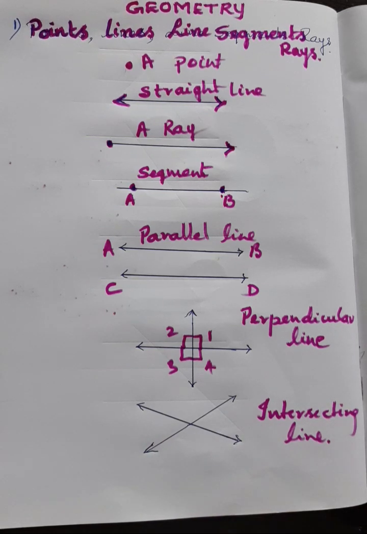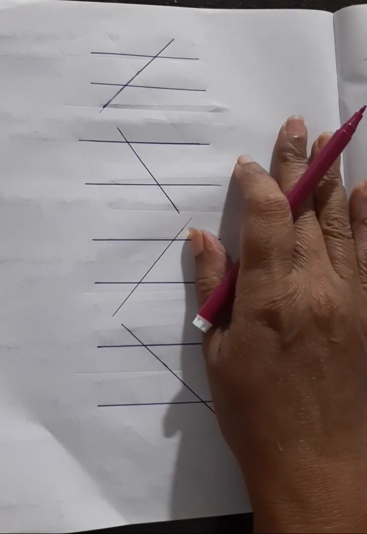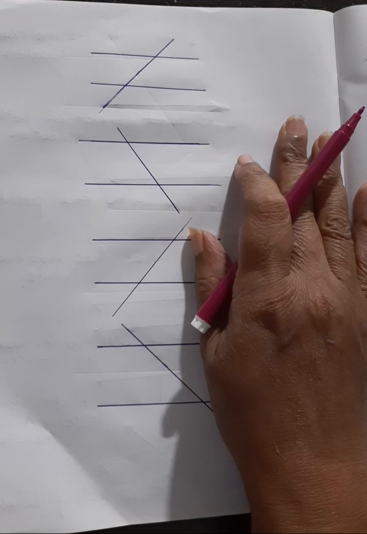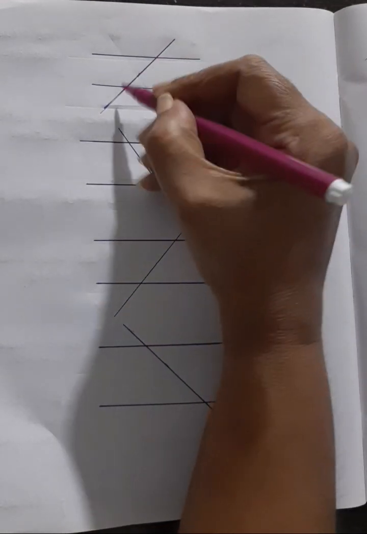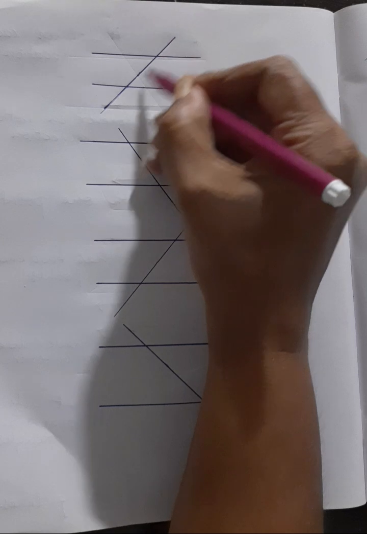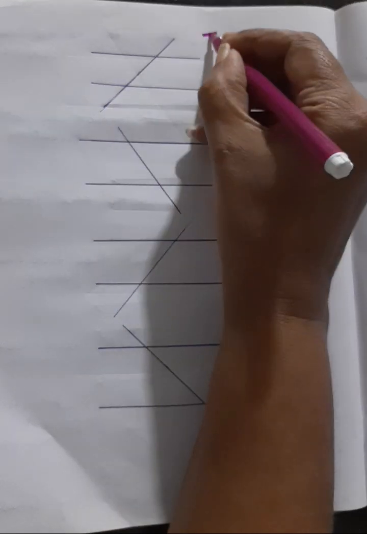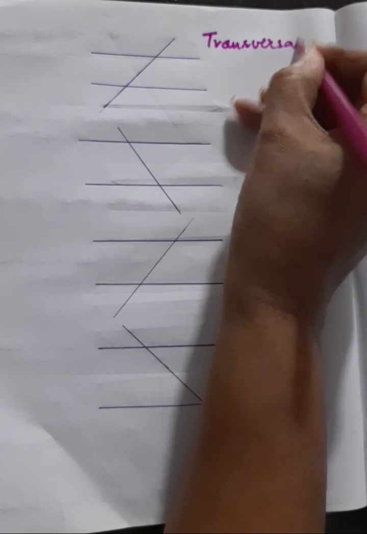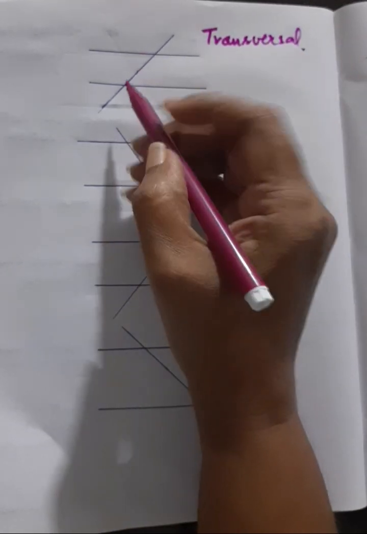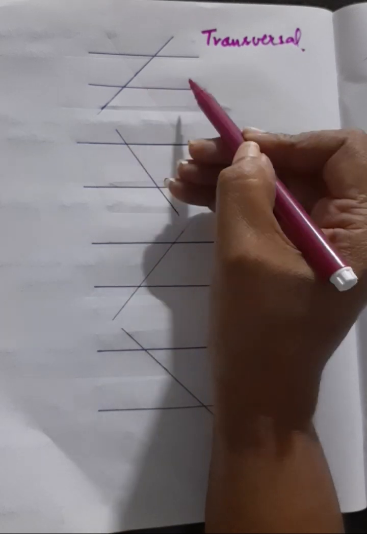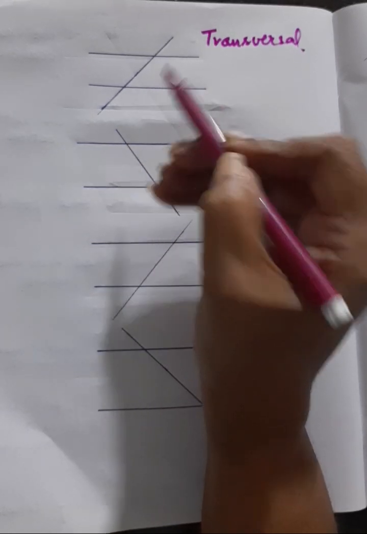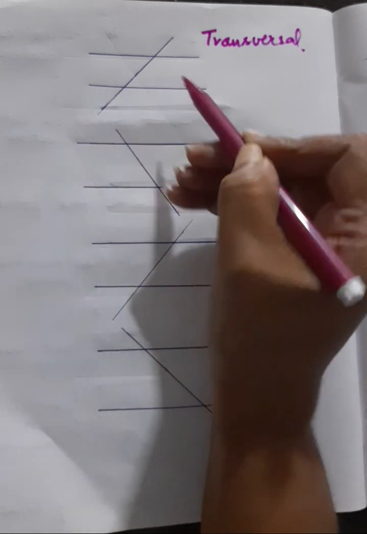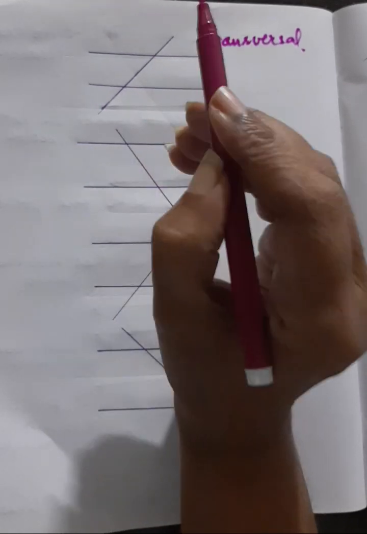Okay. Next one is transversal. What is this? See these two lines, and this is a transversal. A transversal is a line that intersects two or more lines at different points.